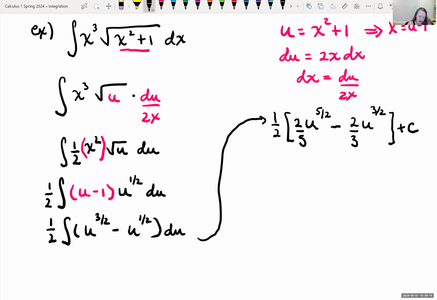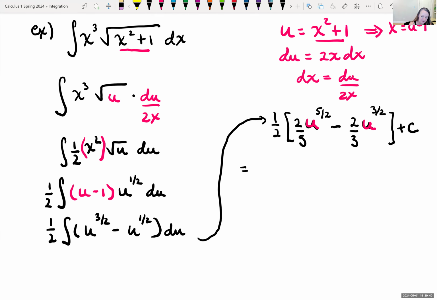So let's rewrite this. At the same time as we're rewriting it, let's substitute in what u is. You know u is x squared plus 1. Actually, let's distribute the 1/2 because that 1/2 is going to cancel with the 2's in our numerators.